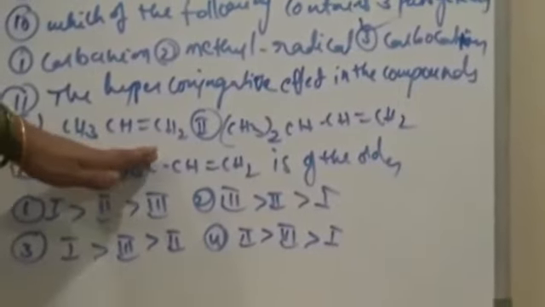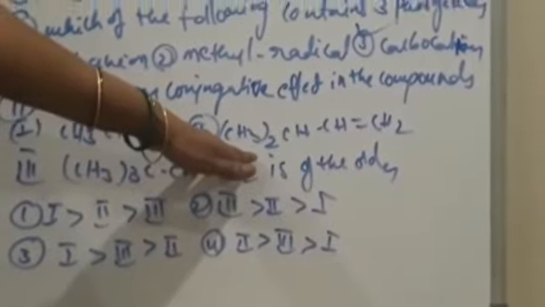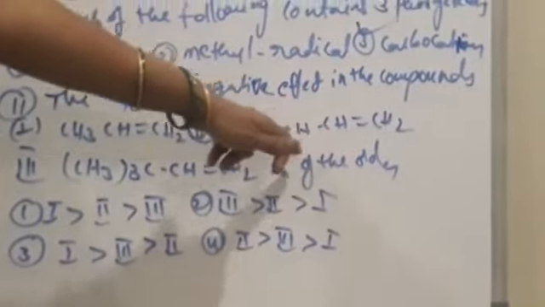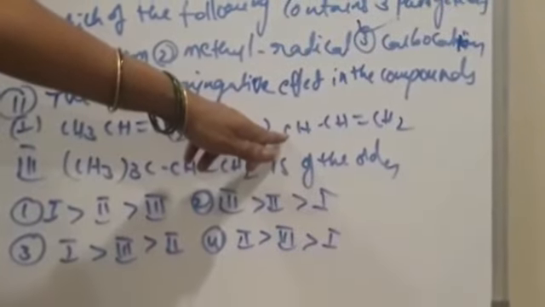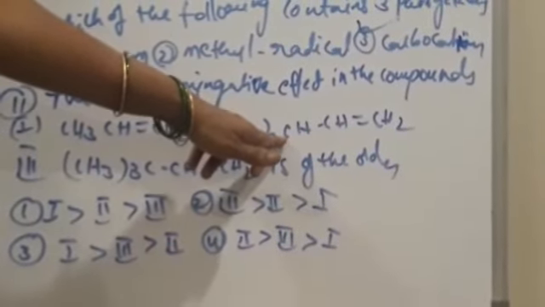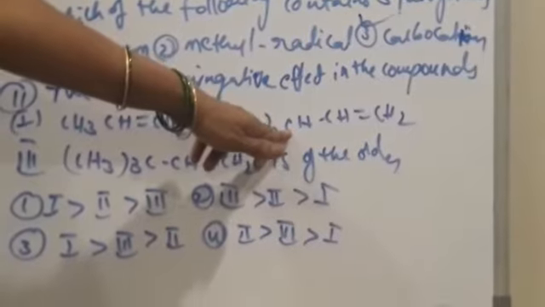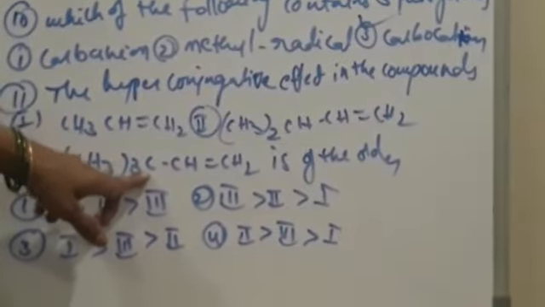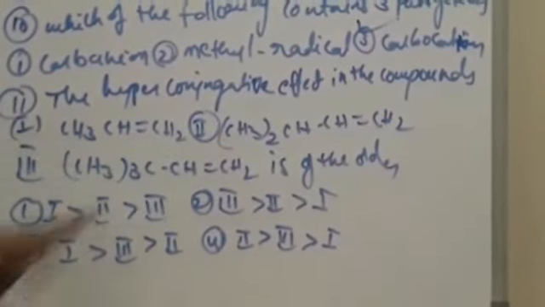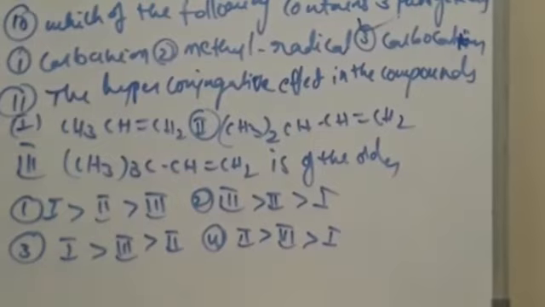That is hyperconjugation. So here different options: propene, another alkene, and another unsaturated compound, 3-methylbut-1-ene, an unsaturated compound, and 3,3-dimethylbut-1-ene. So here 3 compounds are given.